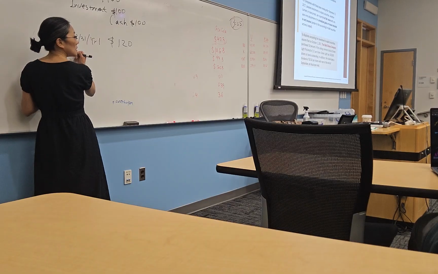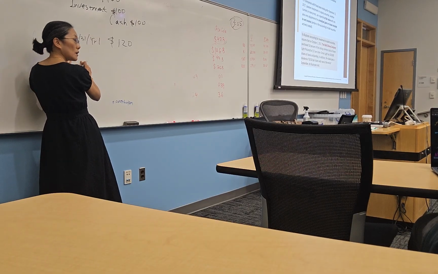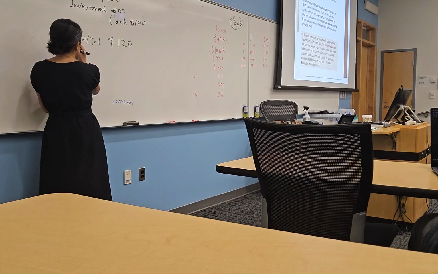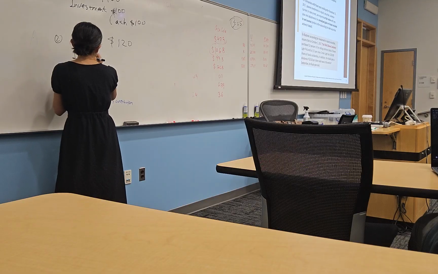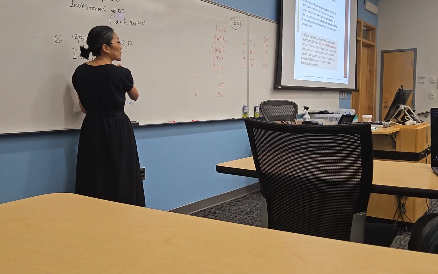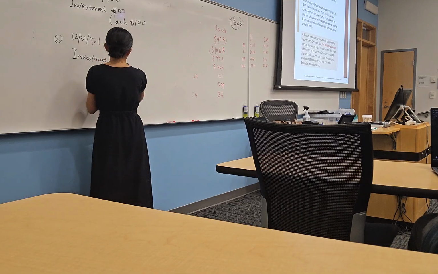So what do? It's going to be a gain, but then on the debit side, what do? You adjust the investment balance to 120. You debit $20.